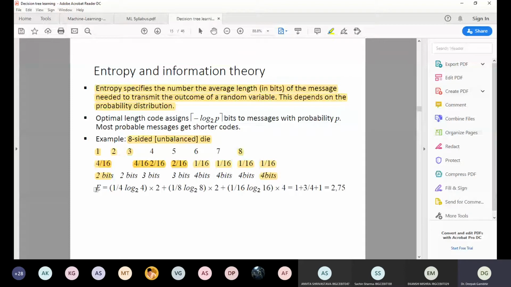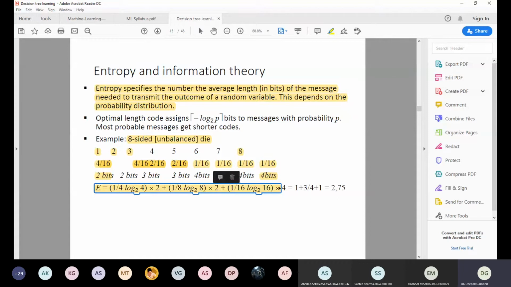If you consider the entropy in that case, it would be 1 by 4 log 4 to the base 2, into 2, that is for the 4 by 16 cases. Then the remaining: two cases of 1 by 8 log of 1 over 1 by 8, that would be log 8.